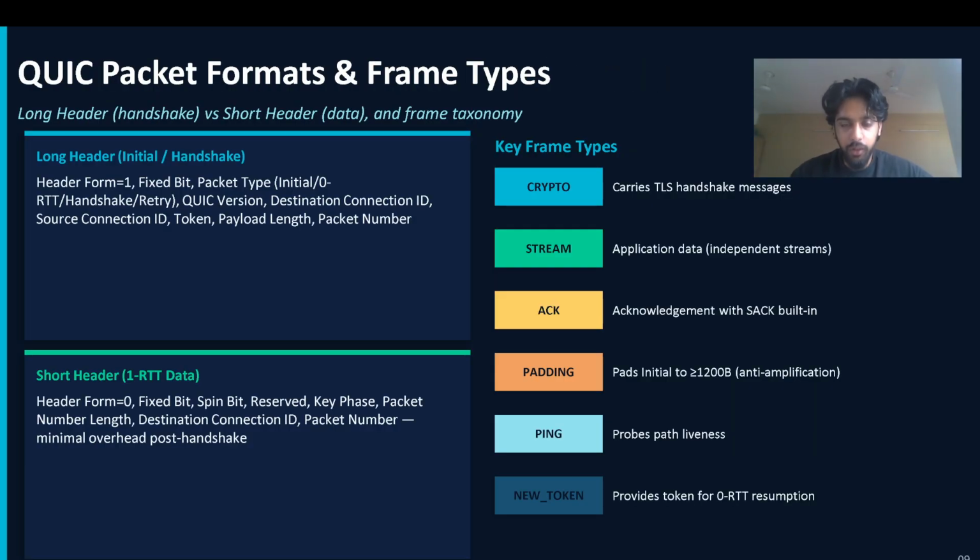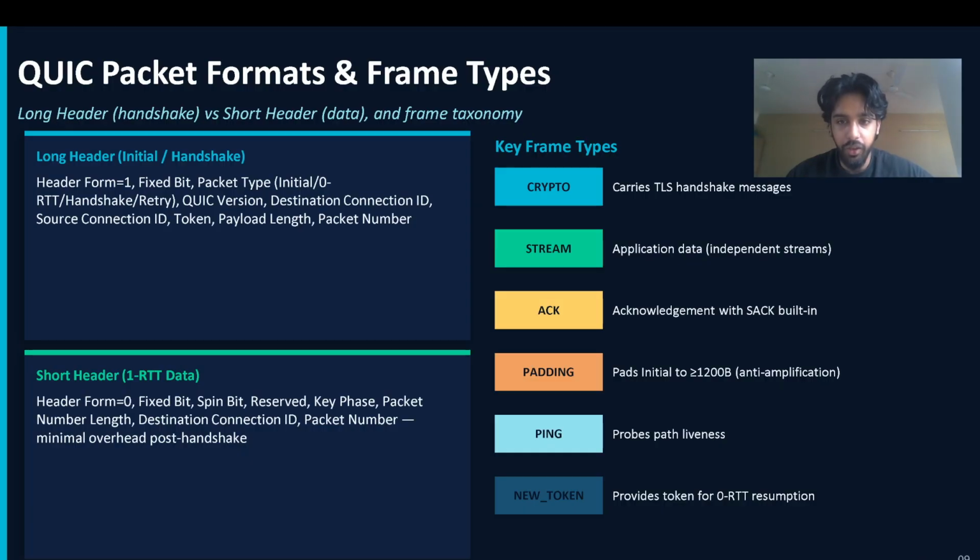So before going to Wireshark, I would like to discuss the frames and formats of the QUIC packet. There are different types of frames. First is the crypto frame, which carries the TLS version 1.3 certificates for the handshake process. Then we have the stream frame, which carries different stream IDs for particular data.